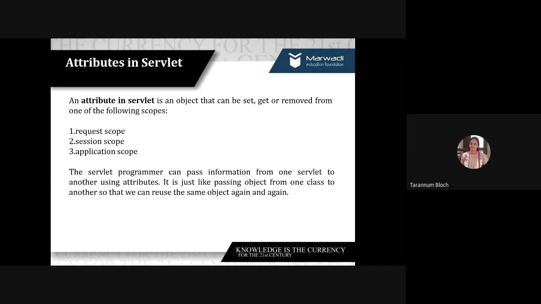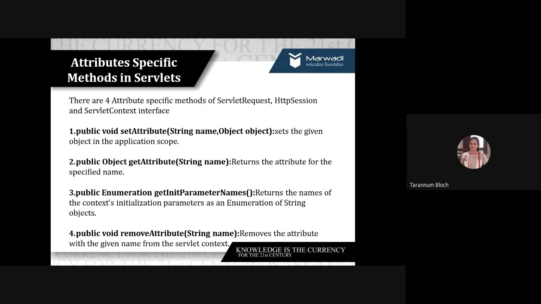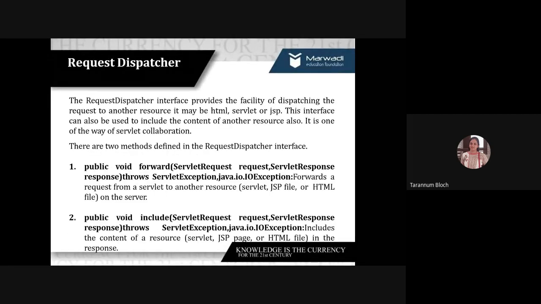Last session, we discussed what an attribute is: objects which can be get, set, and removed, and which can be passed from resource to resource. There are three scopes: request scope, session scope, or application scope. The related methods are setAttribute, getAttribute, removeAttribute, and getInitParameter and getInitParameterNames.